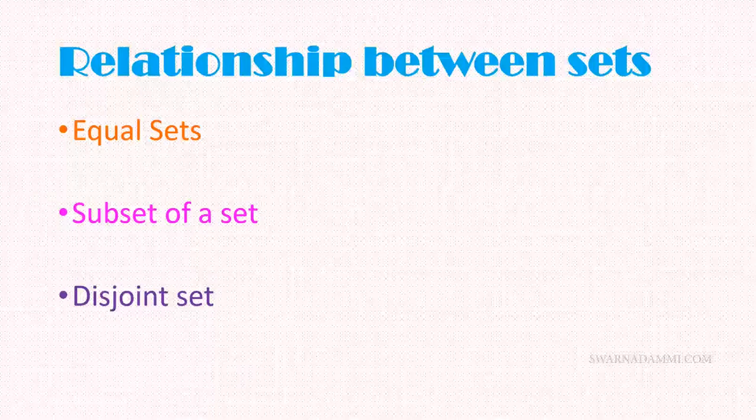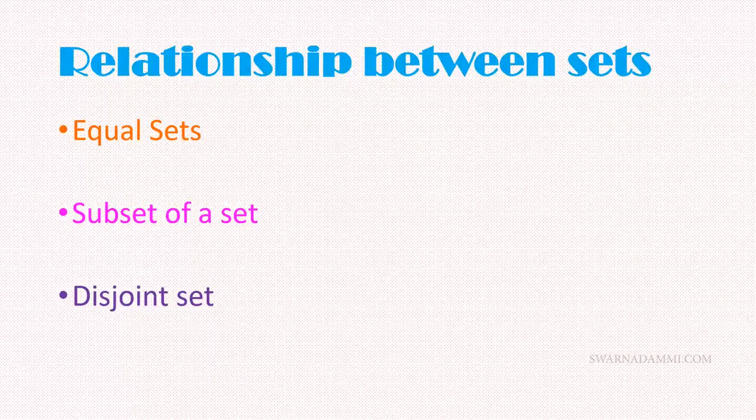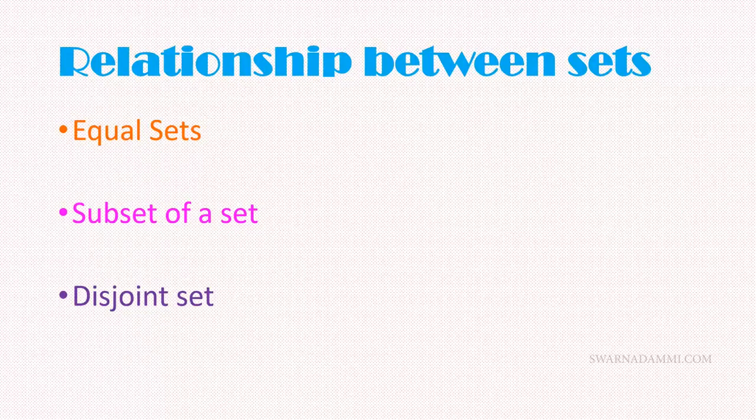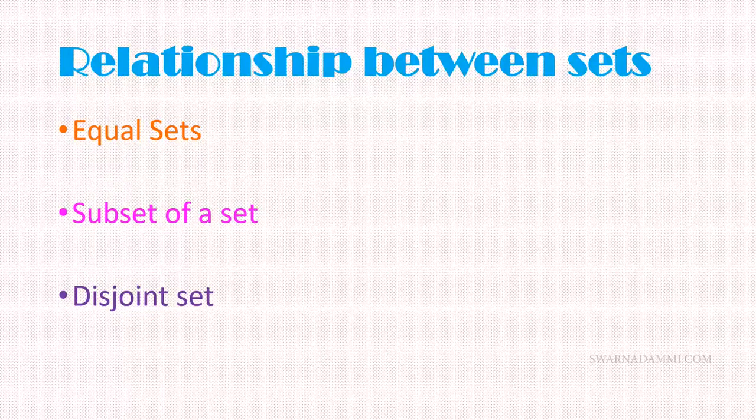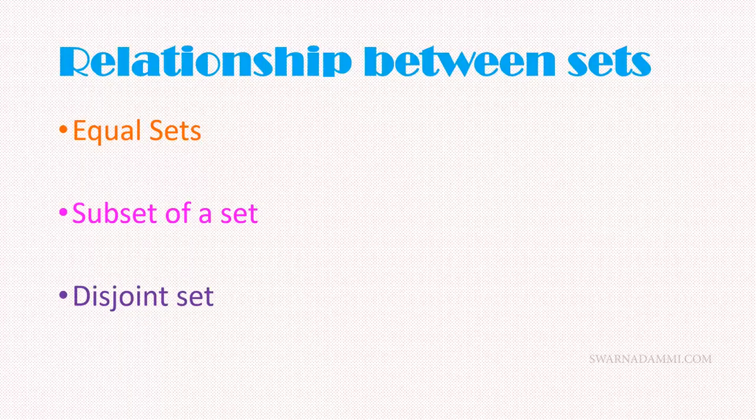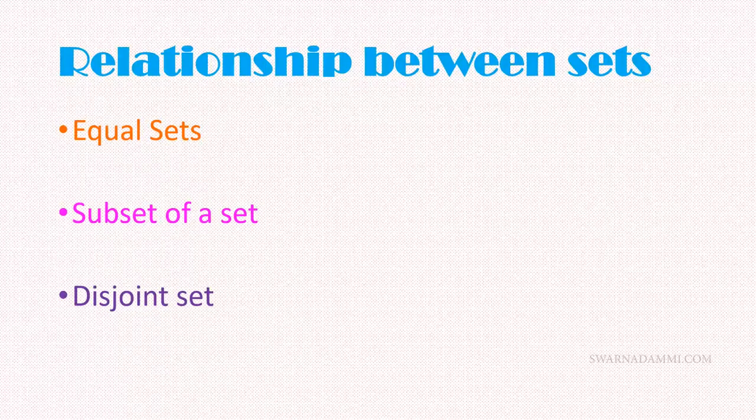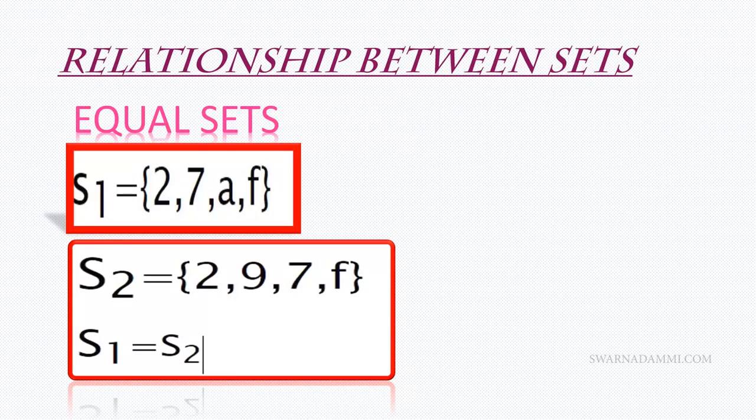The next subtopic in this lesson is relationship between sets. Here we are talking about equal sets, subsets of a set and disjoint sets. First, equal sets. Here there are 2 sets: S1 equals {2, 7, A, F}, and S2 equals {2, 9, 7, F}.